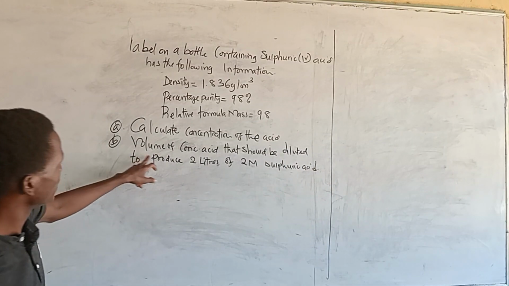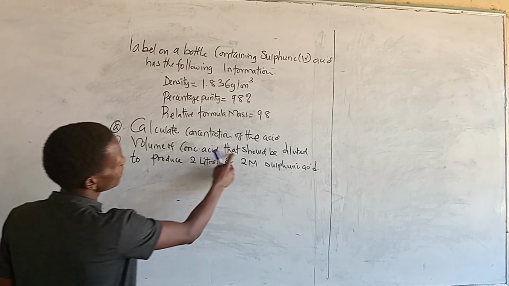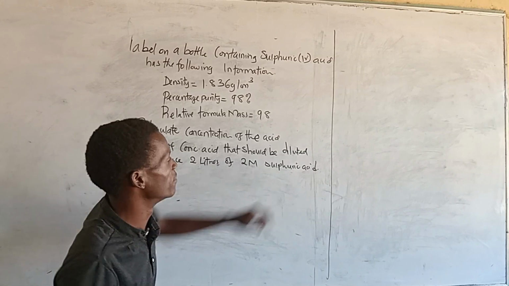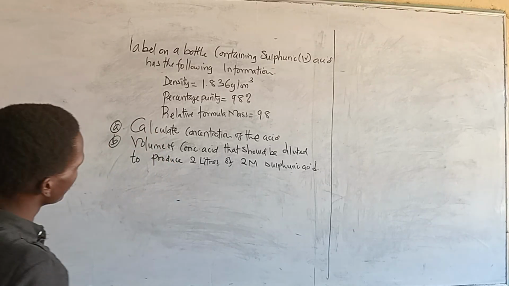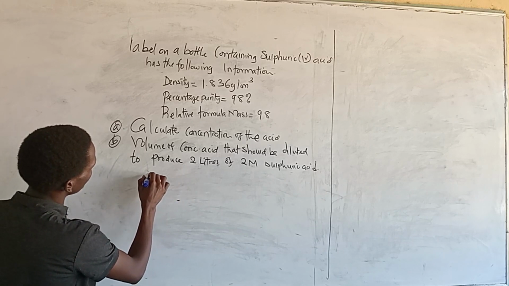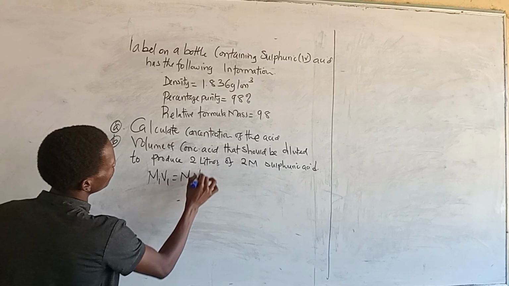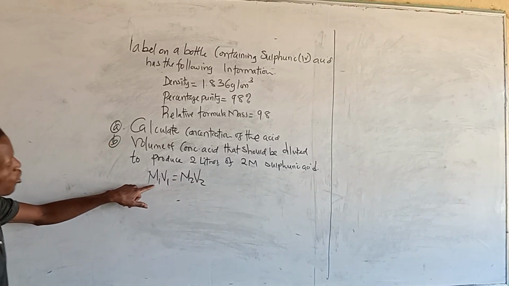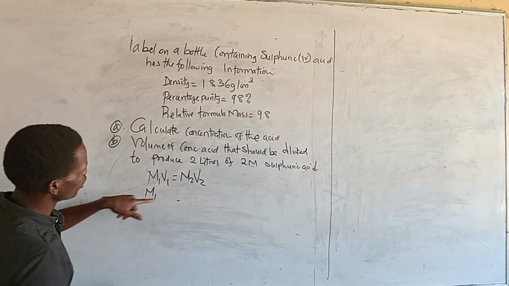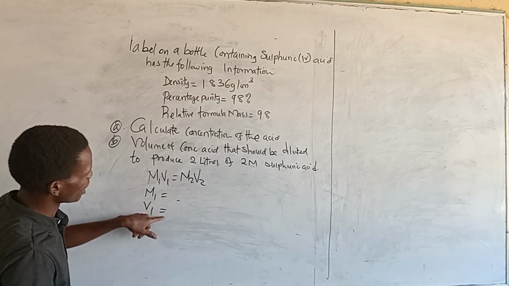The second part that we are going to handle is the volume of concentrated acid that should be diluted to produce 2 liters of 2 molar sulfuric acid. This one is very easy. The formula we have is M1V1 equals M2V2. M1 is the initial concentration, V1 is the initial volume, the volume of the concentrated acid that we are going to dilute.